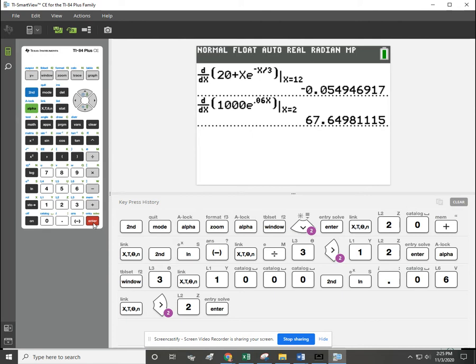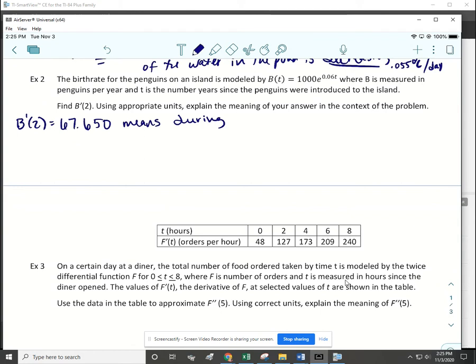All right, and then we need to explain what it means. So this means, during, I have to figure out when. Since this is b prime of 2, it's 2, t, and that's the years since penguins were introduced to the island.